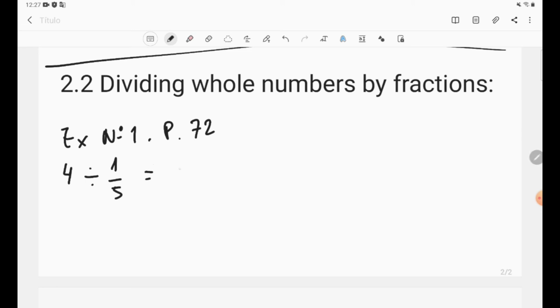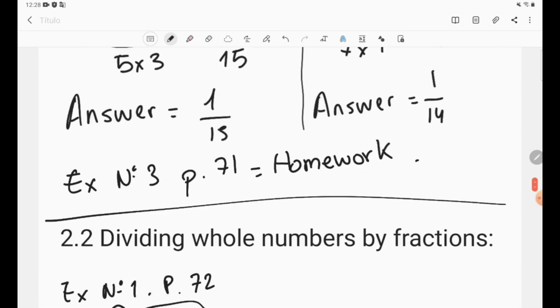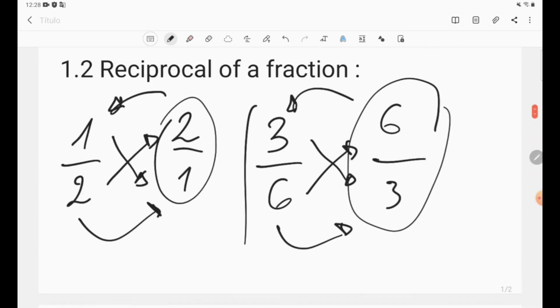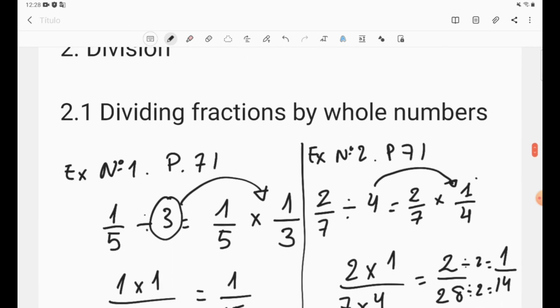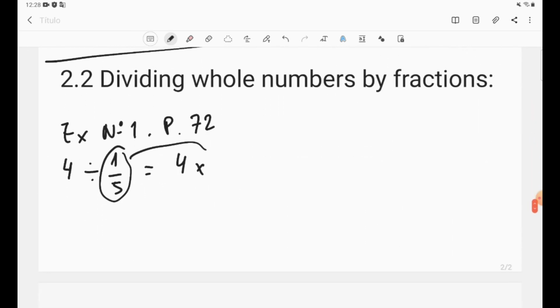So we multiply the whole number by the reciprocal of this fraction. To get the reciprocal, we switch the numbers: 5, the denominator, becomes the numerator, and 1, the numerator, becomes the denominator.